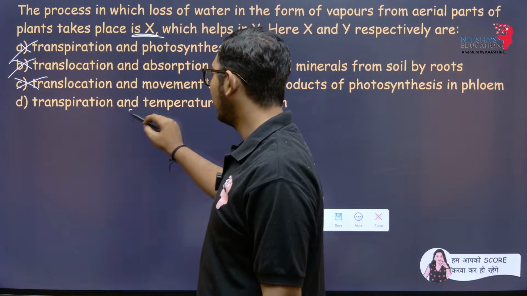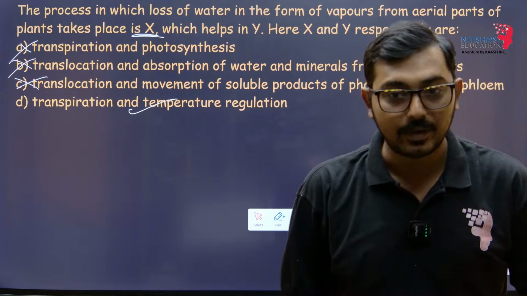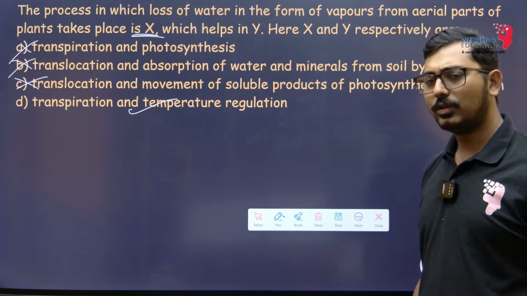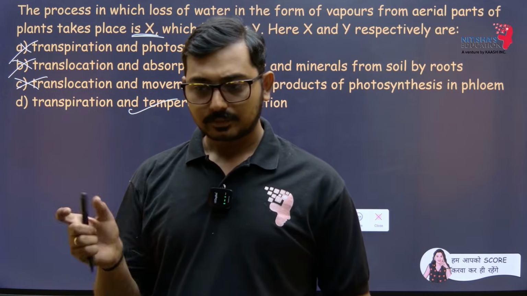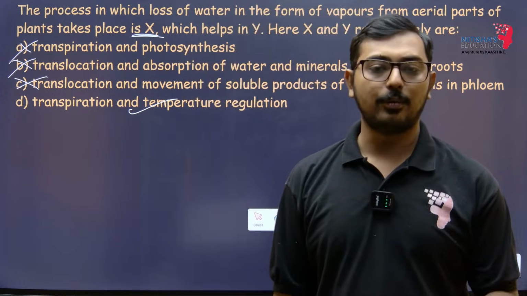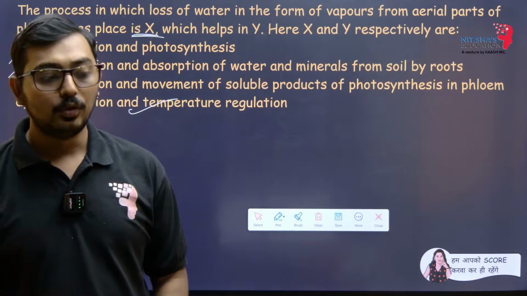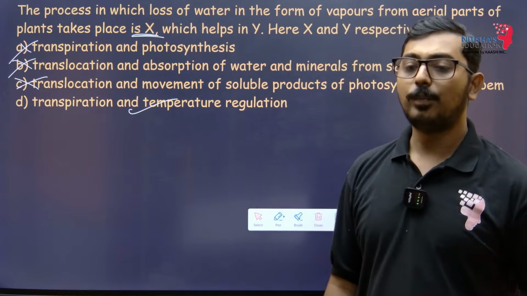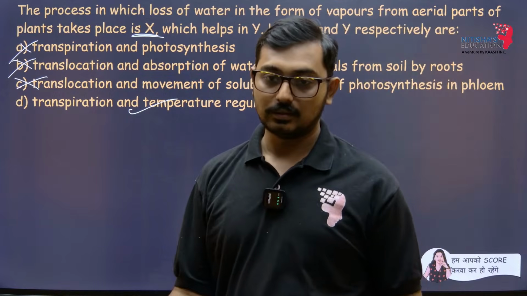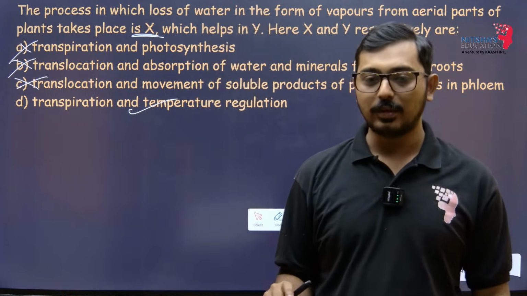So the answer is temperature regulation: transpiration and temperature regulation. In MCQs, sometimes in biology, it is good to use an option reduction process, where you discard options you are sure cannot be the answer. Then your probability of getting the right answer increases. Although it is biology, using a little bit of maths here is fine.